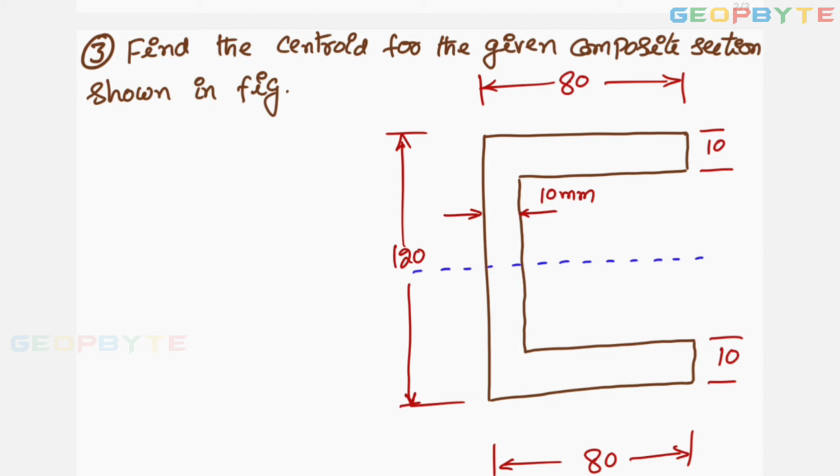But if the bottom flange width and top flange width both are not equal, then it is not symmetrical about any axis. Then in that case, you need to find x bar and y bar separately. But for this particular case, since it is symmetrical on x-axis, you need to find only x bar.